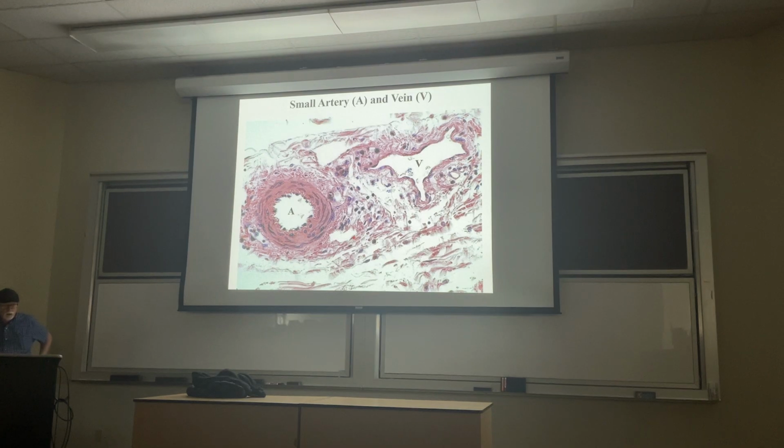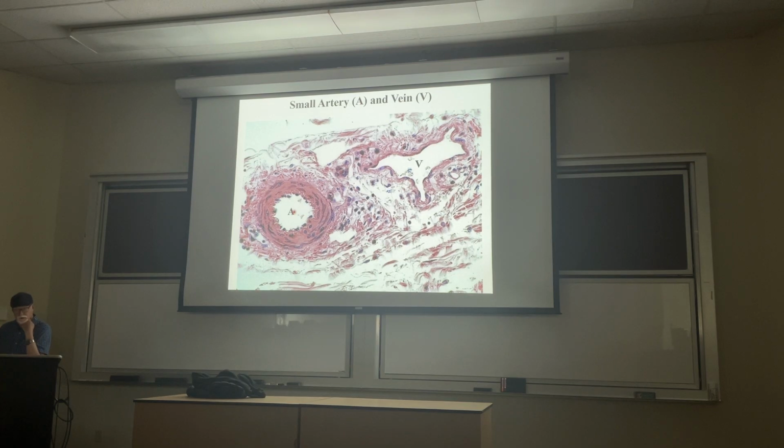Now we're comparing. This is an artery over here with the A on it, and this is a vein. Look at the lumen. If you stretched all that lumen out, it's partially collapsed. But you see the luminal size compared to the wall in the vein? And look at the artery.